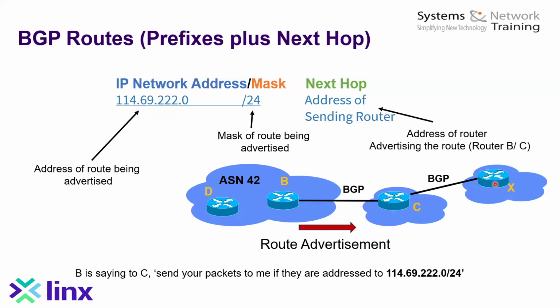Well, it's going to send it to its next hop, and its next hop is C, because C was the router advertising that route to X. And so X sends to C, C sends to B, and the packet gets to the network where it's intended. And that basically is what is happening across the internet. That is what BGP peering allows, and BGP speakers sending these prefixes in routing updates allow to take place on the internet.